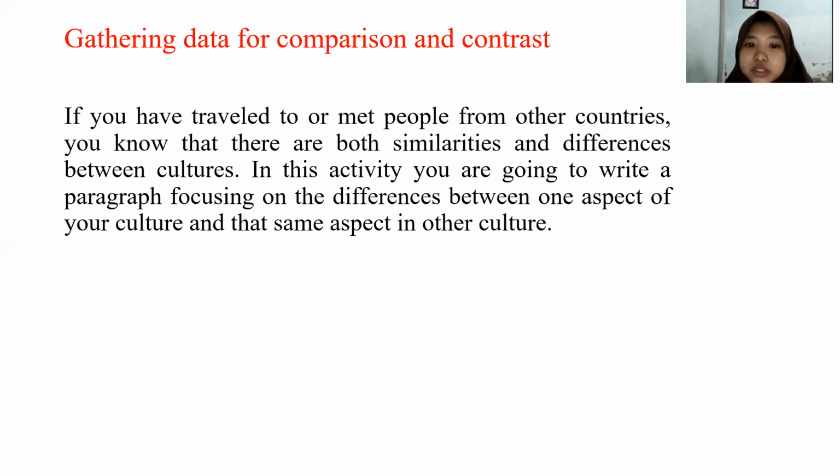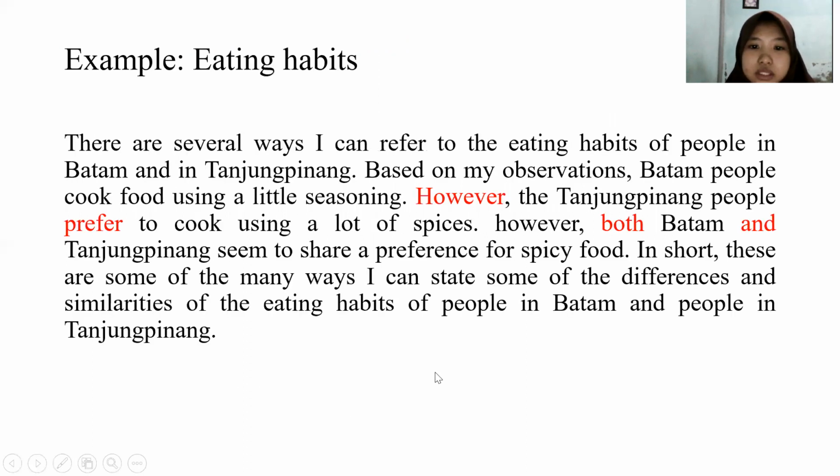For example, I choose eating habits. And for this, I use the previous paragraph. There are several ways I can refer to the eating habits of people in Batam and Tanjung Pinang. Based on my observation, Batam people cook food using a little seasoning.